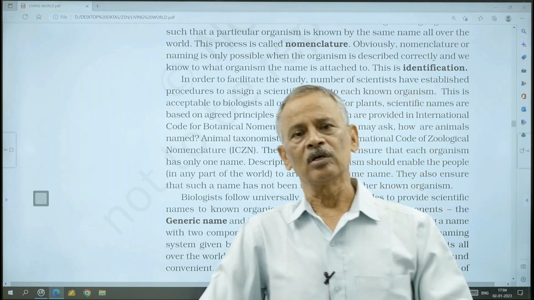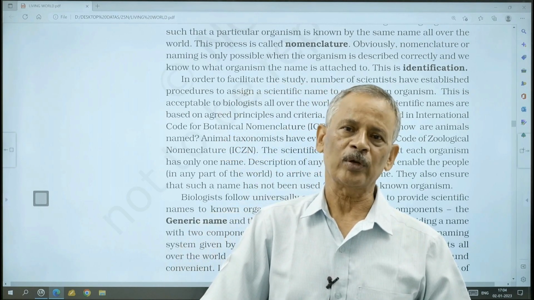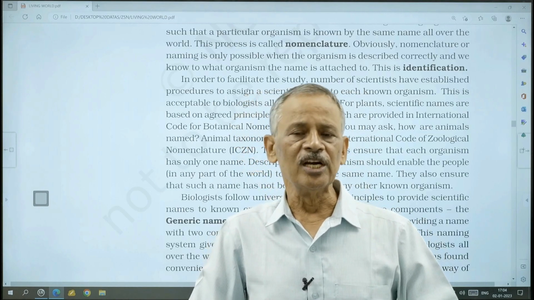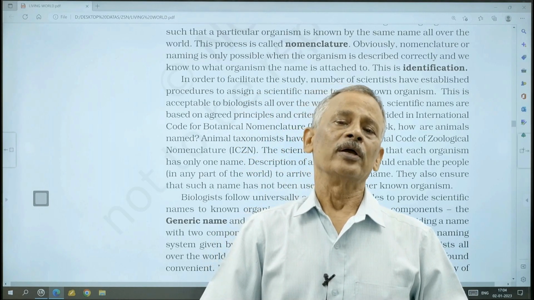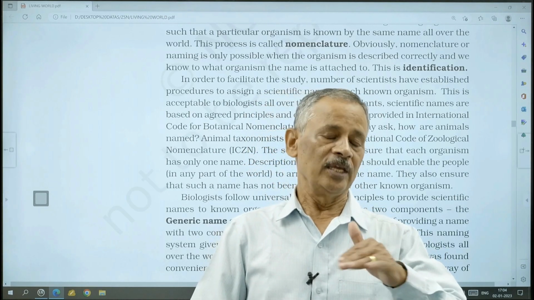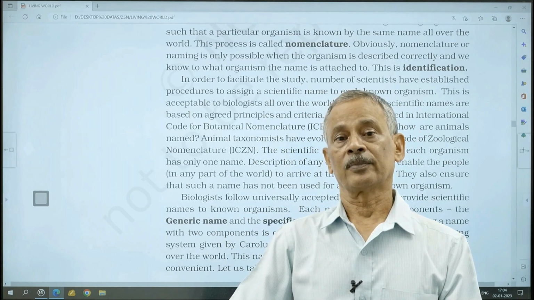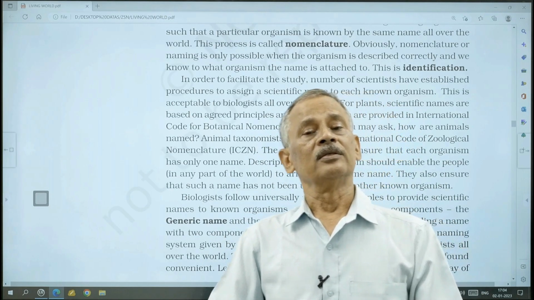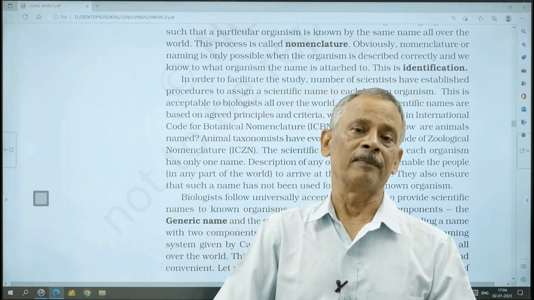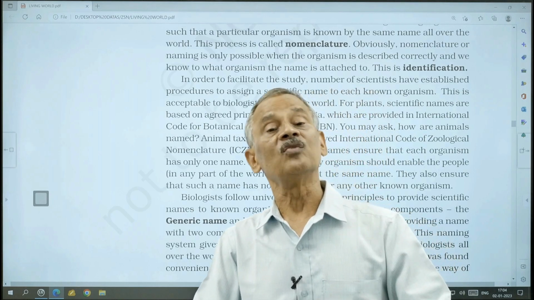In his book, Systema Naturae, okay, he is describing the procedures for giving nomenclature. Actually, he had published one more book, the Species Plantarum, in 1753.